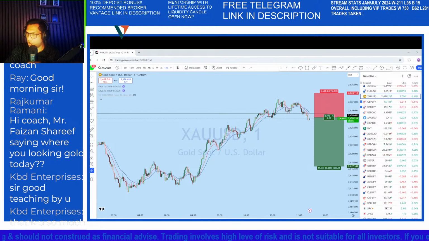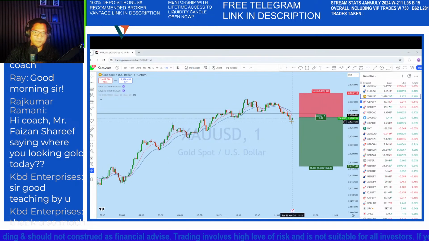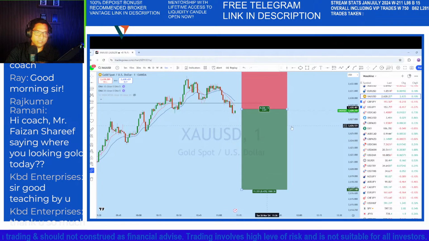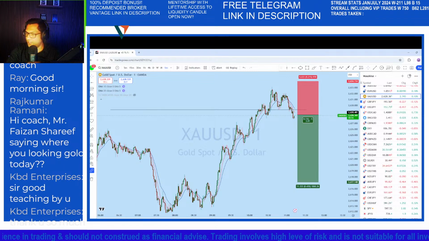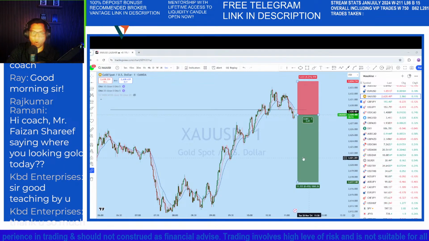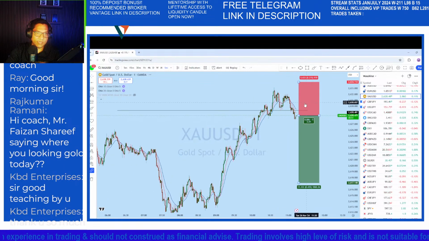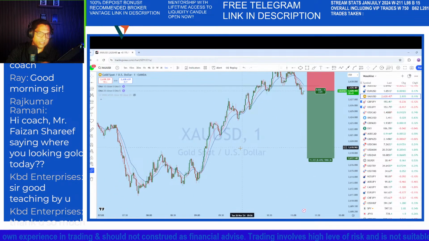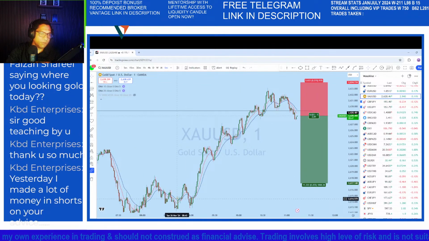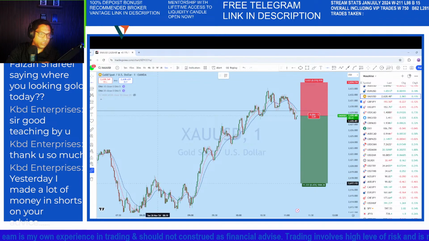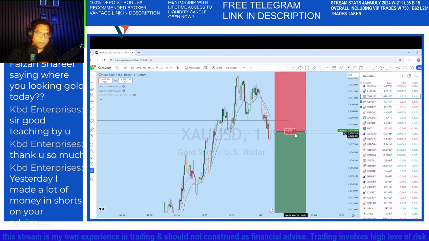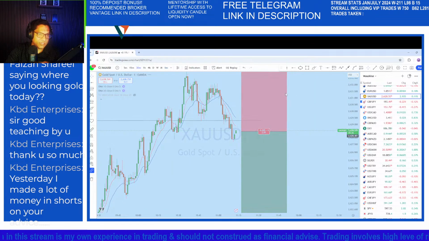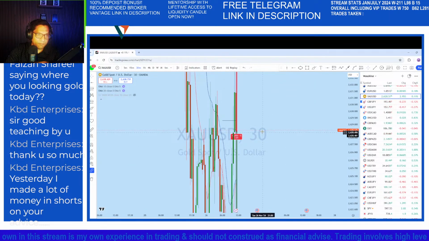So I am short on XAUUSD, and I will be explaining in depth why I have opened this trade. If you look at here, we can see that this market from this level, from this order block, managed to break out, and at the moment we see there's a gap open, but I'm expecting it to break below.